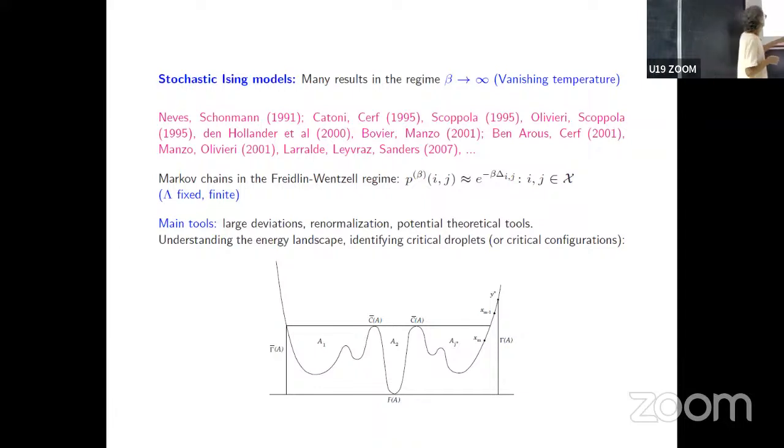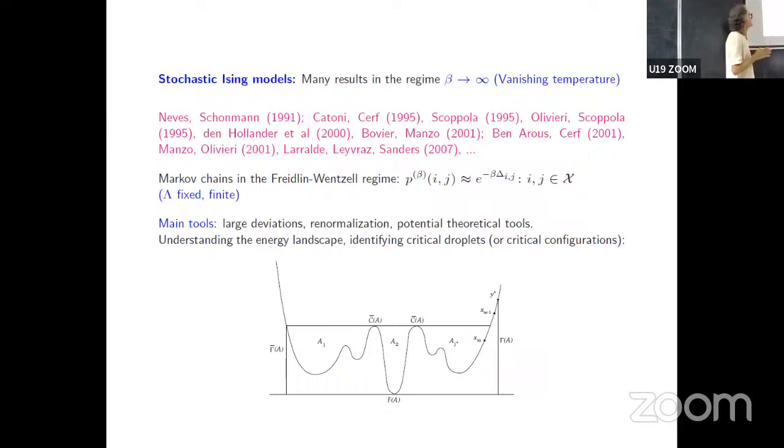That means the transition probability from state i to state j will be of this form. There are many states where it flips with a rate which is not too small, and there are some where the rate is very small, like in the example that you were saying.